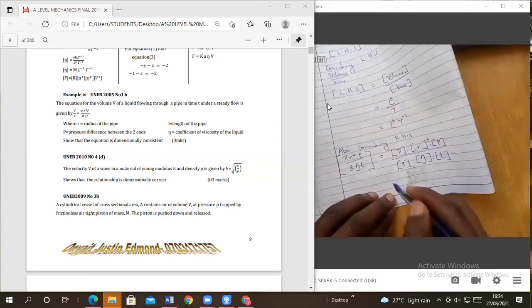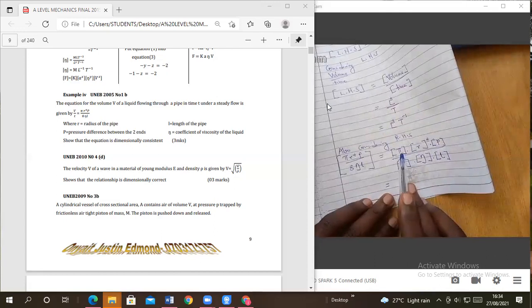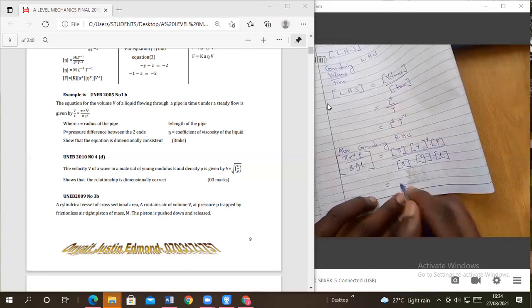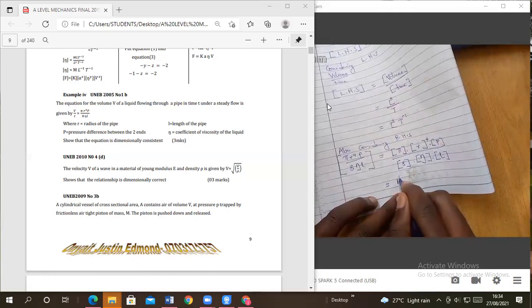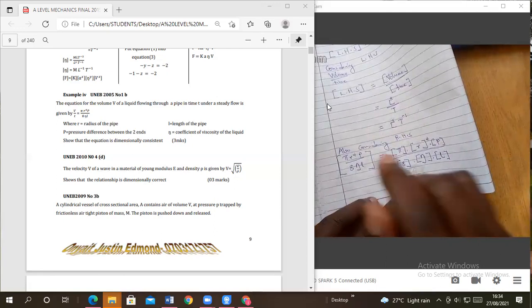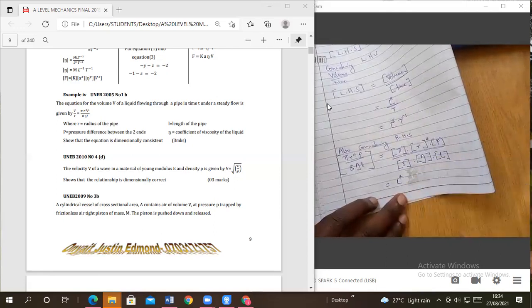So what's the dimension of pi? Pi is a constant, so the dimension of a constant is 1. r, the radius, is length, so the dimension is L. I remember we worked out the dimension for pressure, which is force over area.